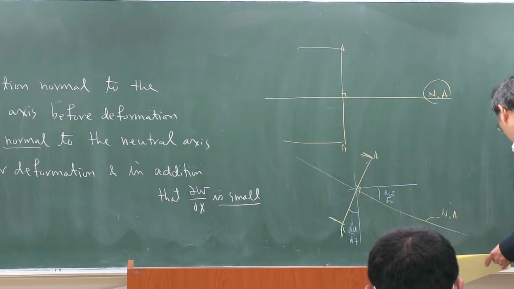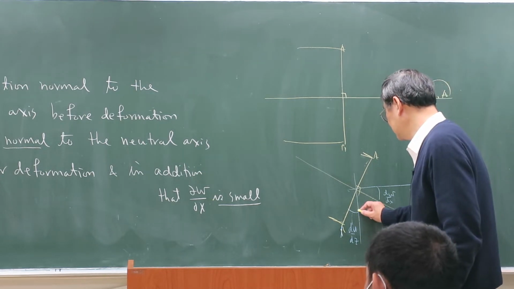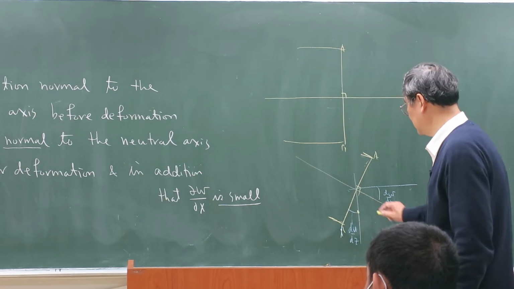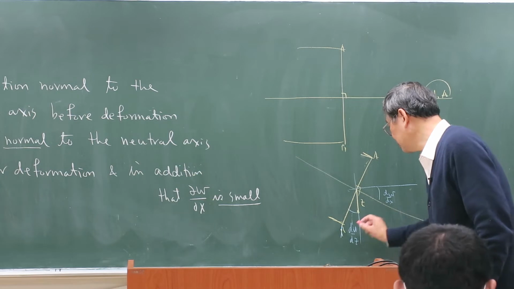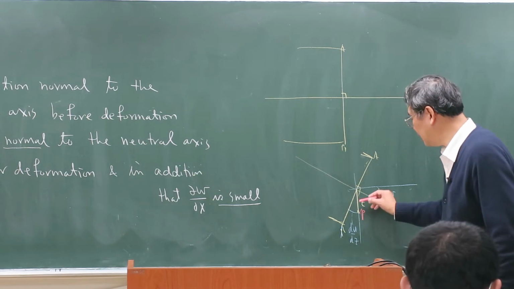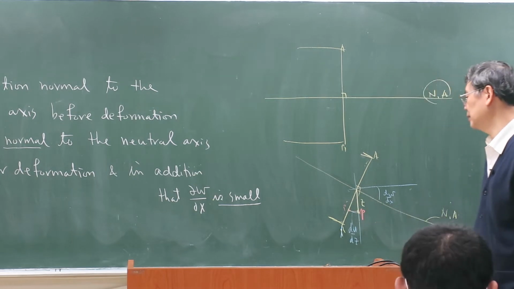And you can see the point originally at this location with a z coordinate, for example, this point P. And after deformation, it moved to here, P prime.